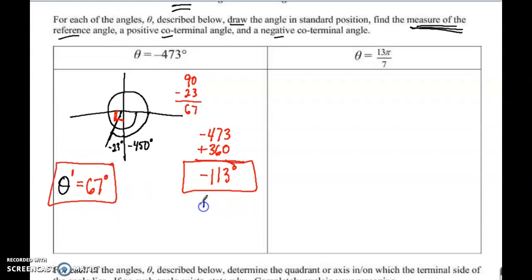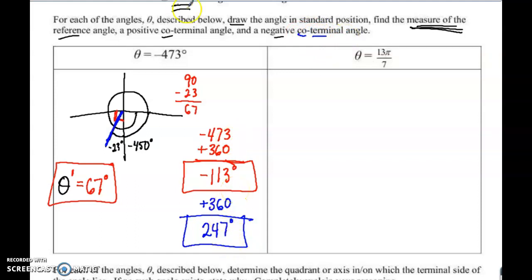Adding another 360 will give me a positive 247 degrees. And that should be confirmed if you think about where 247 degrees ends. It has to end in the same position, and that is in the third quadrant, so that should make sense.